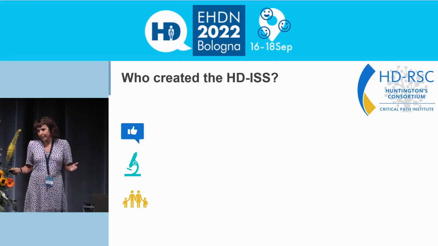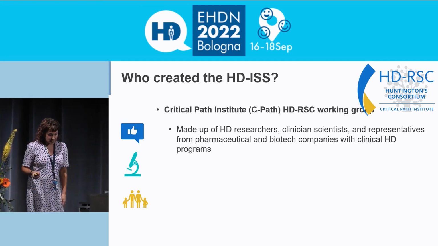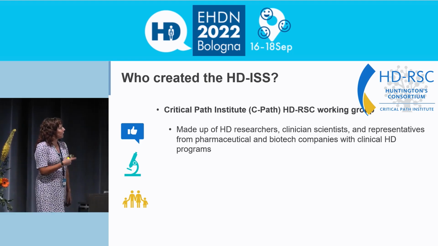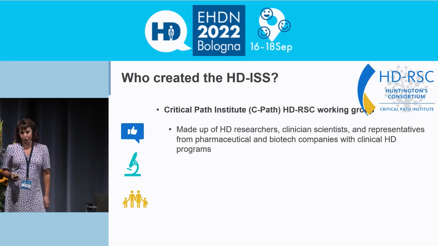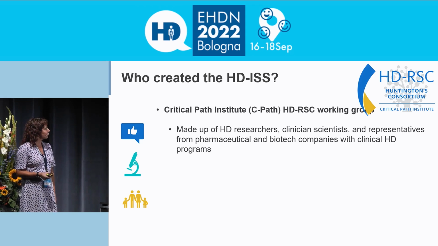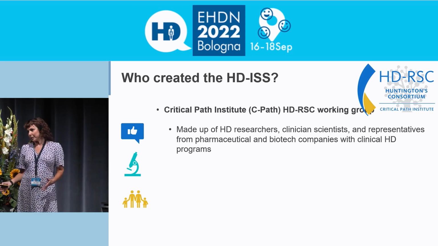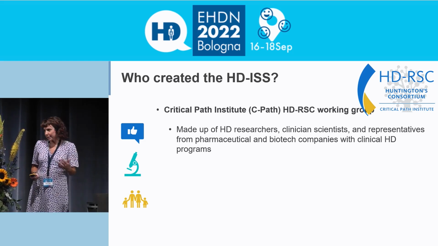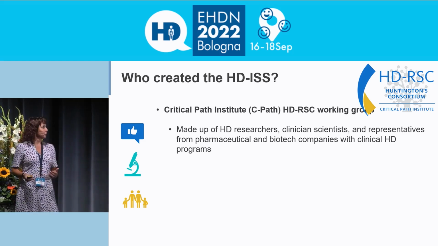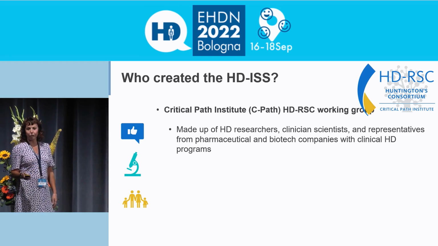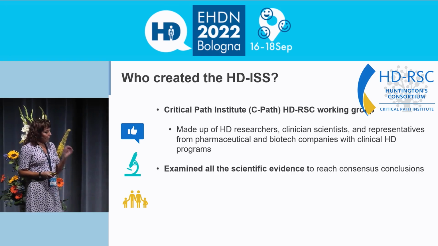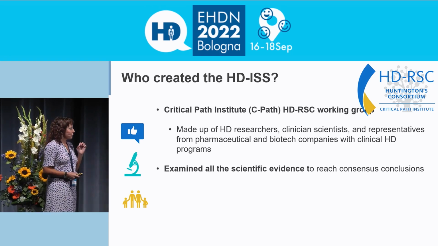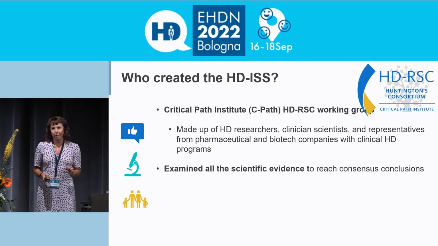So who created it? It was created in the Regulatory Science Working Group, which I chaired from the Critical Path Institute and the HD Regulatory Science Group, and it was made up of HD researchers from academia. It was made up of clinician scientists. It was made up of industry partners and from pharma and biotech. And we examined all the scientific evidence to reach consensus conclusions.